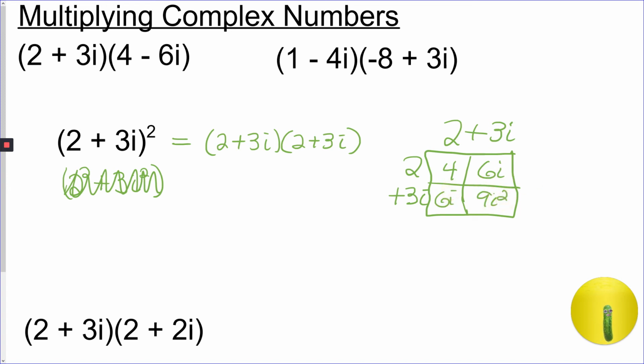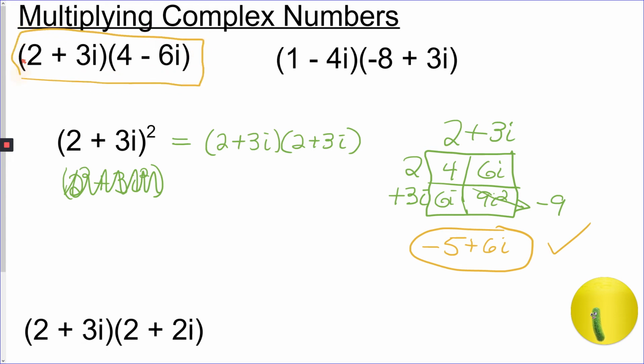We know that our i squared is negative 1, so I like to always cross this one out and rewrite it. So now it's time to combine like terms. When I combine like terms, I get negative 5 plus 6i. Final answer. All right.